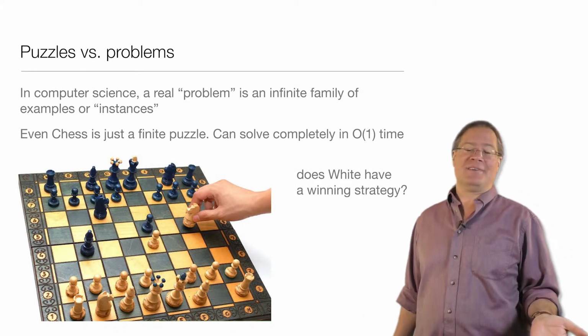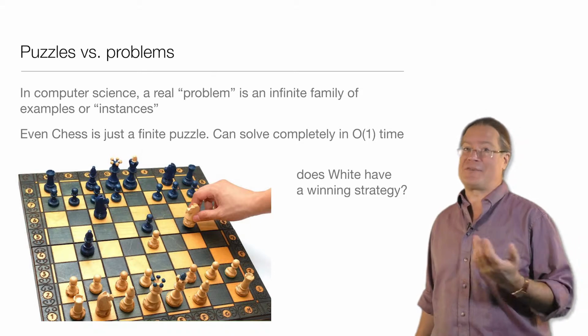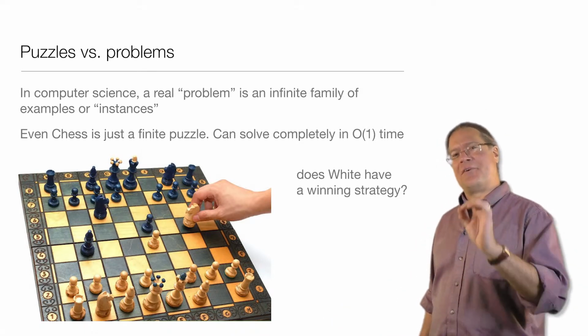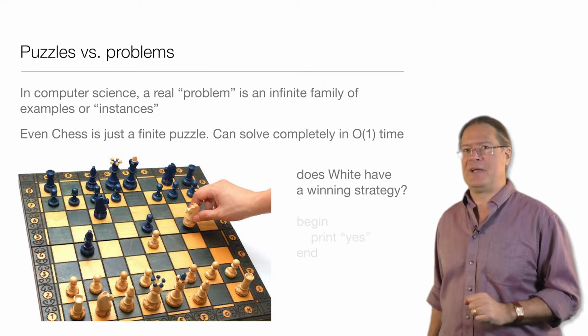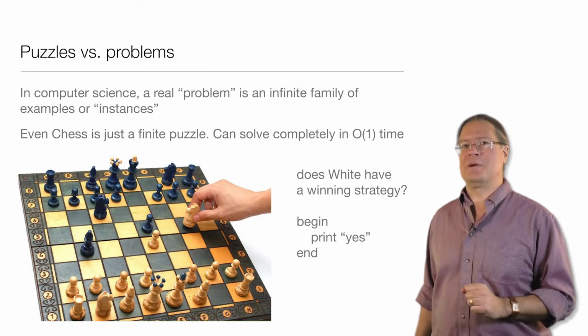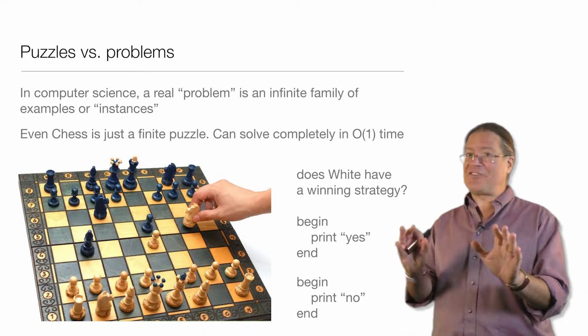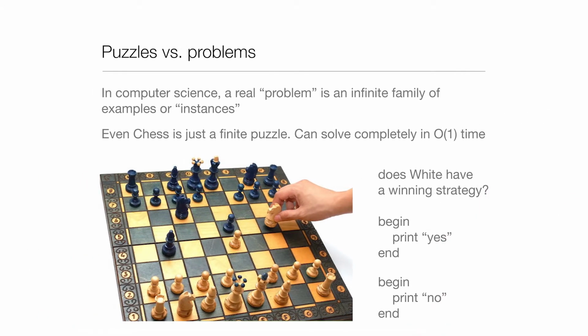And for that matter, if you ask me the yes or no question, does white have a winning strategy in chess? Well, I can tell you that there is a very short computer program which gives you the correct answer. It's either this program, print yes, or this program, print no. I'm not sure which it is, but it's one of those, unless it's a draw.